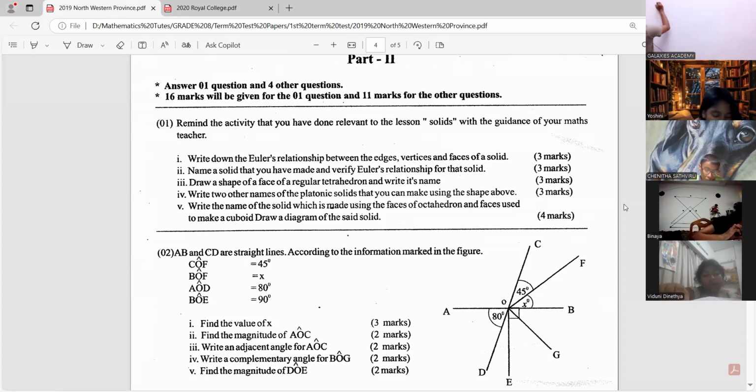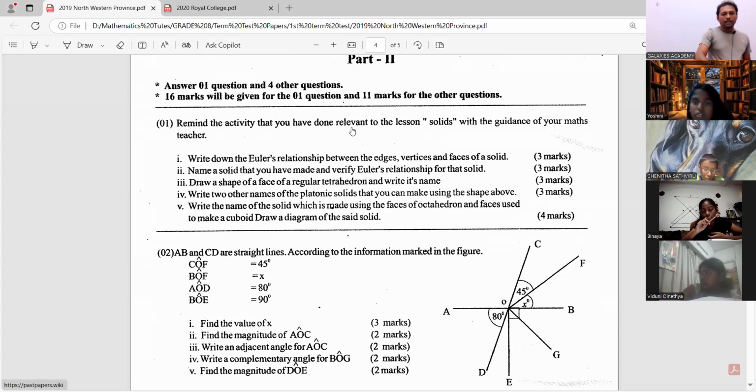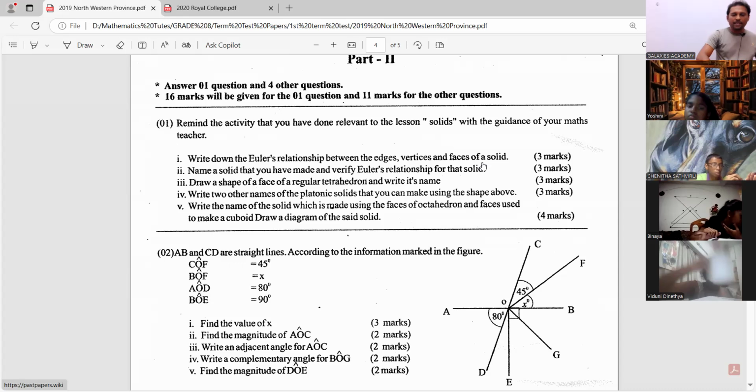Right, look at the first question of the second part. Remind the activity that you have done relevant to the lesson on solids with the guidance of your maths teacher. There are 5 parts given. Write down Euler's relationship between the edges, vertices, and faces of a solid.